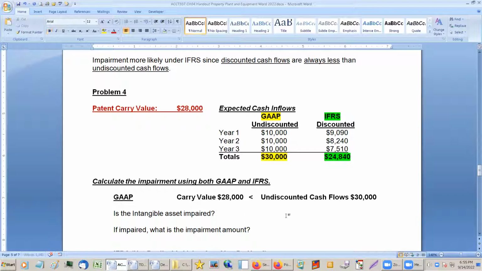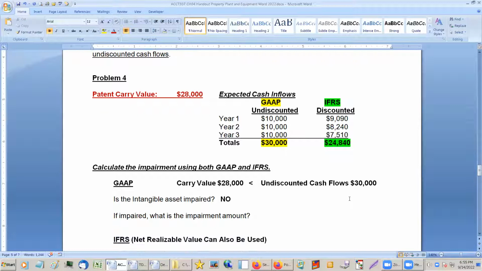Is it impaired? No. According to US standards, we have it in the books for 28,000. Its undiscounted cash flows are 30,000. It is not impaired. It's worth more than the future cash flows.